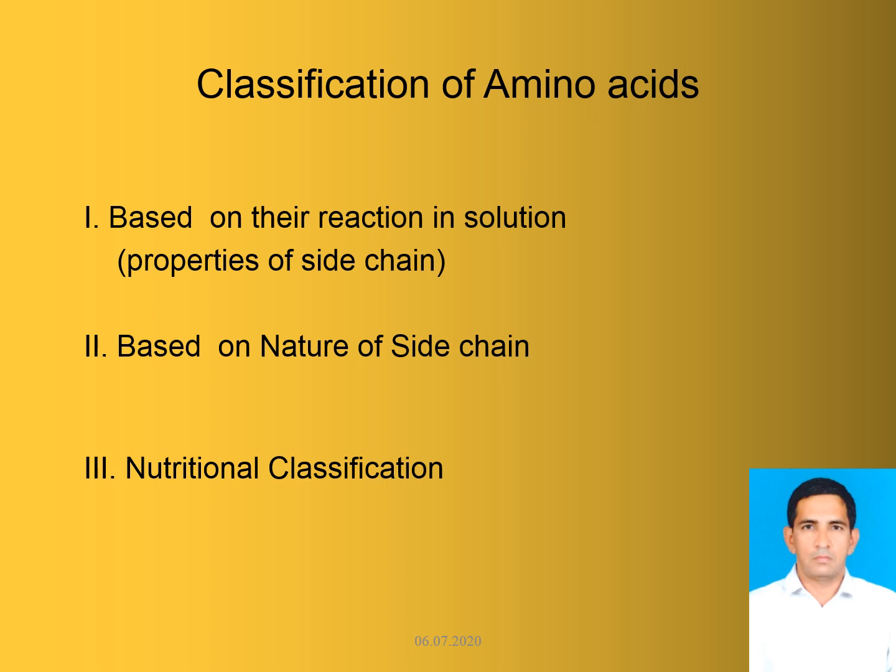Small polymers of amino acids, fewer than 50, are called oligopeptides, while larger ones, more than 50, are referred to as polypeptides.